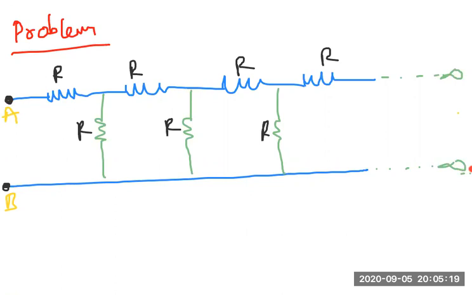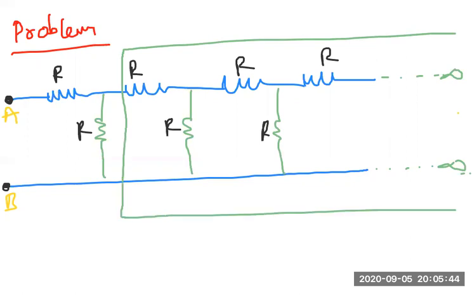Whenever this type of problem is given, the first thing you have to do is observe what is the repeating term. So this term R is repeating, again R, again R. Leaving the first term, let us think till here, the total combination till here, let me take it as some x value.